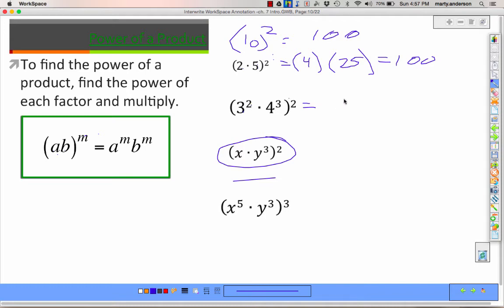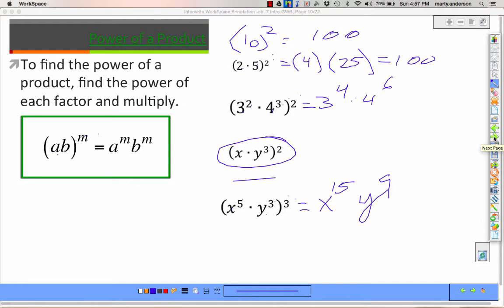Next one, 3 squared squared, 3 to the 4th, 4 cubed squared, 4 to the 6th. Again, I have 4 cubed 2 times. That was going to be 6 4s being multiplied together. And on the bottom, x to the 5th 3 times, x to the 15th, y cubed 3 times, y to the 9th. Raising more than one thing to the same power, raise everything to that power.